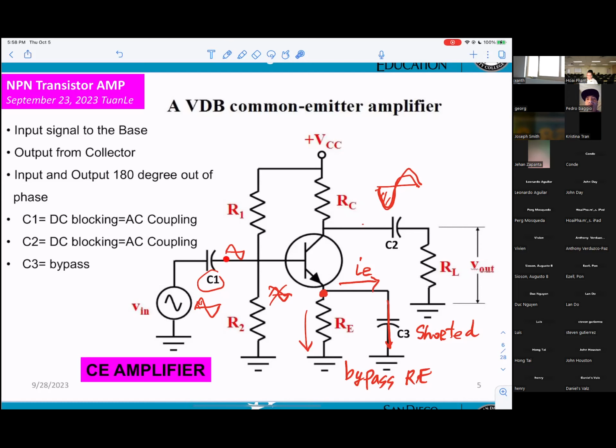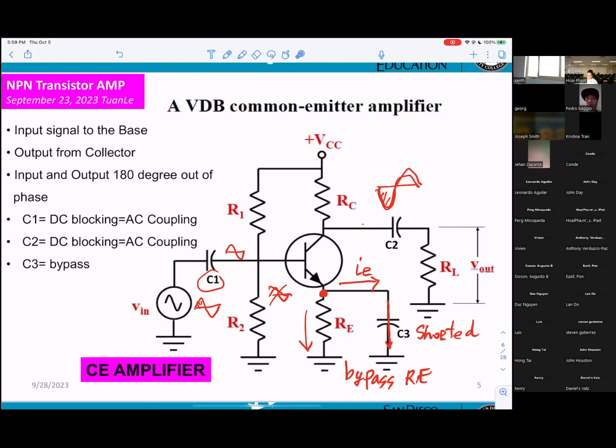Okay, C1 is DC blocking, AC coupling. C2 is the same. C3 will be the bypass capacitor. And the input and the output will be opposite.